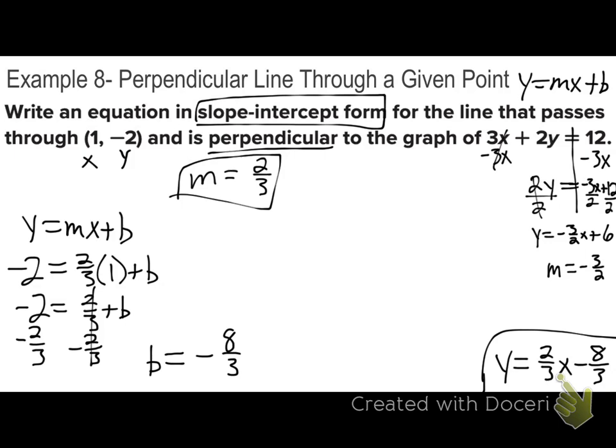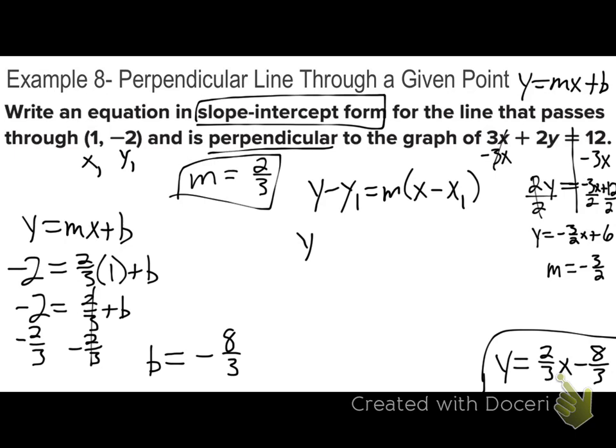If you prefer point-slope form, you could just as easily use point-slope form: y minus y1 equals m times x minus x1. X1 and y1 is my ordered pair, and m is still my opposite reciprocal slope.